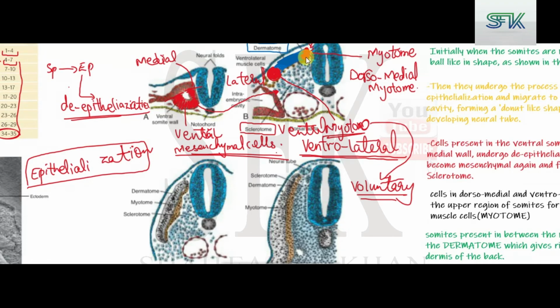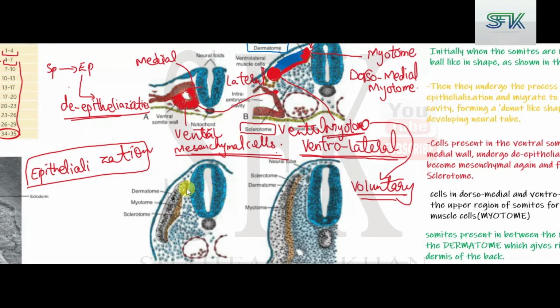Once they start migrating, the myotomal cells present on the ventrolateral and dorsomedial aspect will start coming beneath the dermatome and eventually will form a whole layer of cells beneath this dermatome.